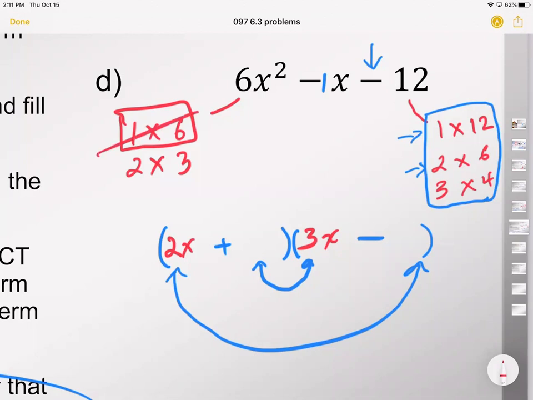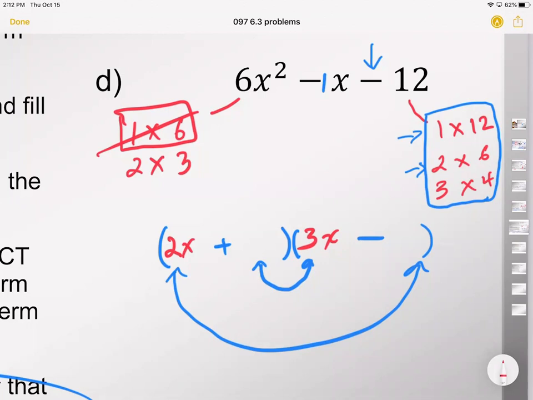Now, if we use 2 on this side for the 6, we are forced to use the 2 and the 3. There's no other option because of what we have in terms of this item. So if this does not work out, we stop, and this will be prime if we cannot find the item.